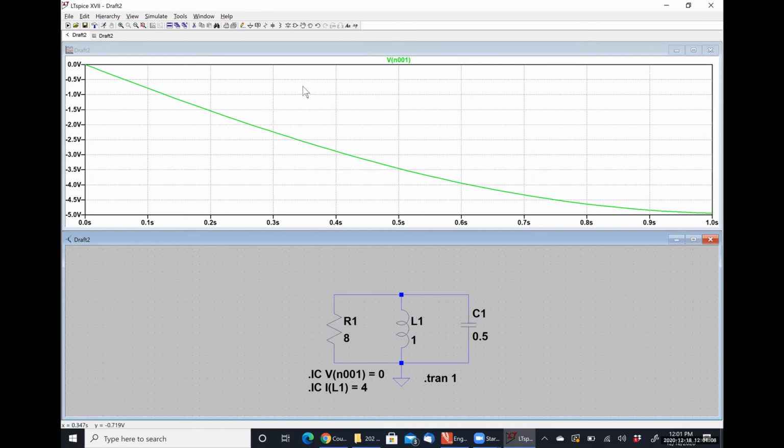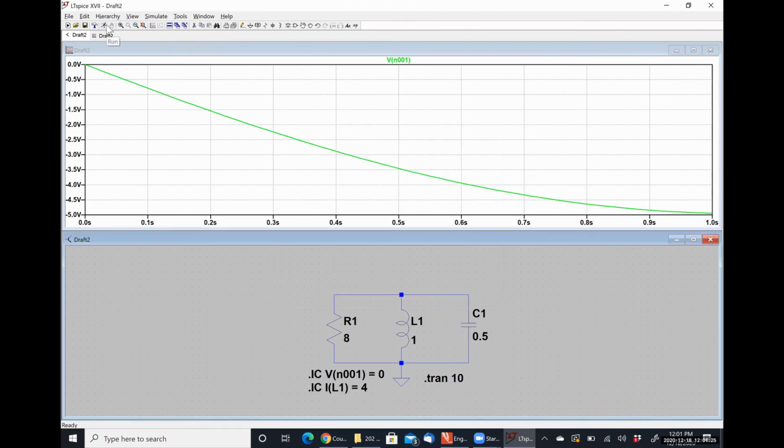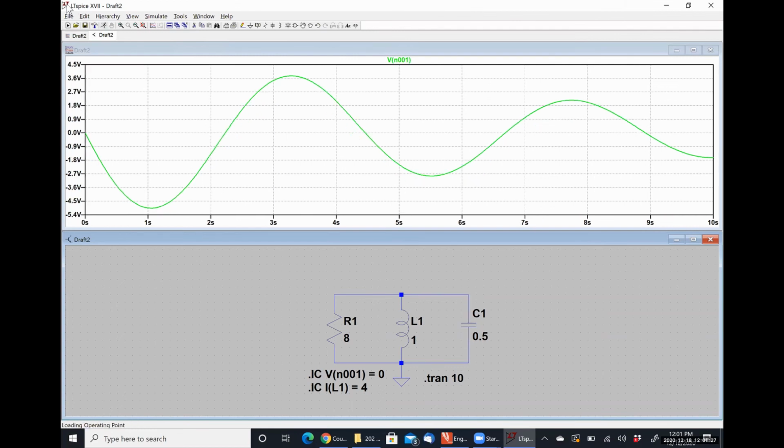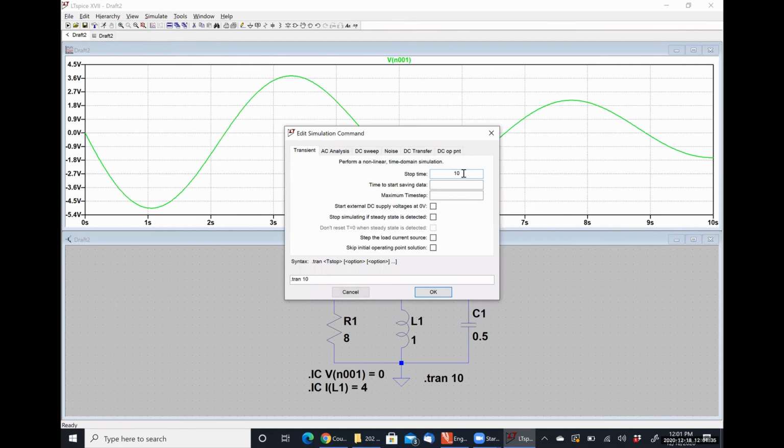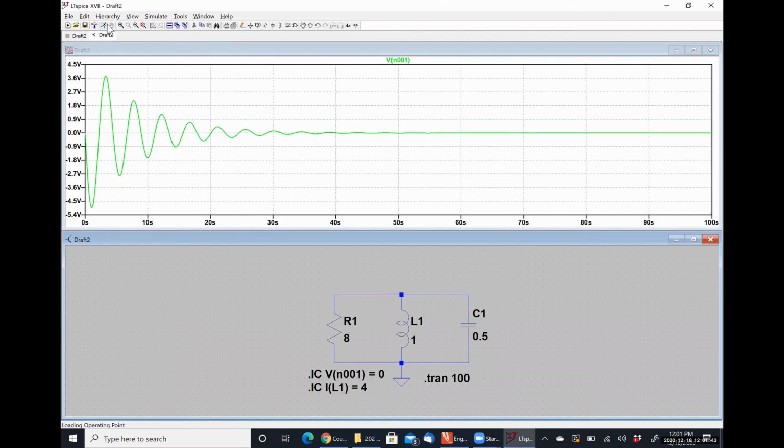Let me do it for longer. Still not long enough to settle. This is probably far too long, but we'll go with this. All right, so it looks like it's totally settled down at about 50, but this is good enough.